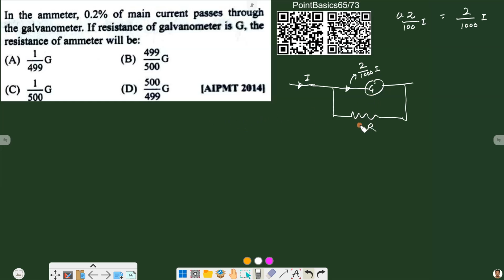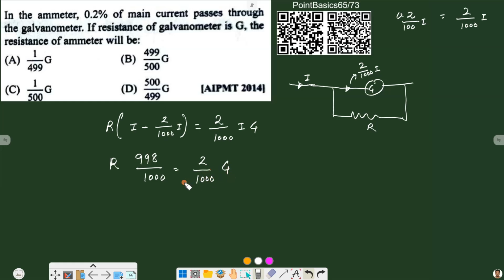So the voltage drop across resistance R, which will be I minus 2 by 1000 I, should be equal to the voltage drop across the galvanometer, and that will be 2 by 1000 I multiplied by G. So we can cancel I, and here we will have R into 998 by 1000 is equal to 2 by 1000 into G. So 1000 gets cancelled, and R is equal to 2 by 998, that is 1 by 499 of G. So this is the value of the shunt resistance here.